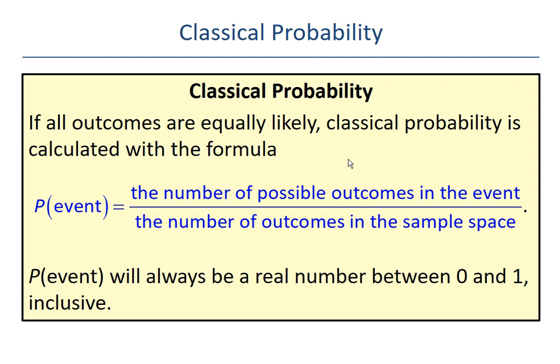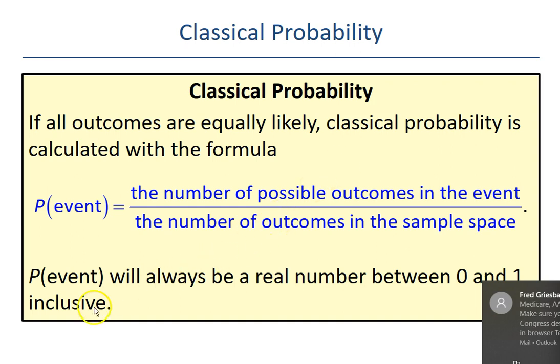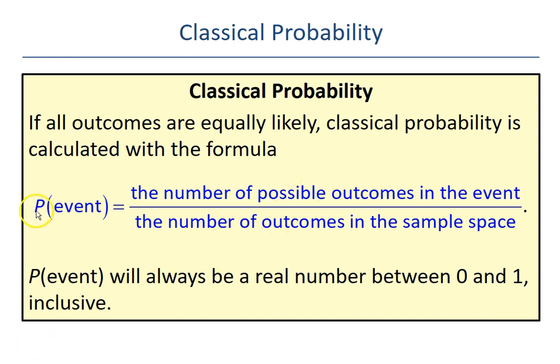So here is the equation or the formula for classical probability. So P, the probability of an event, is equal to the number of possible outcomes in the event as to the number of outcomes in the sample space.